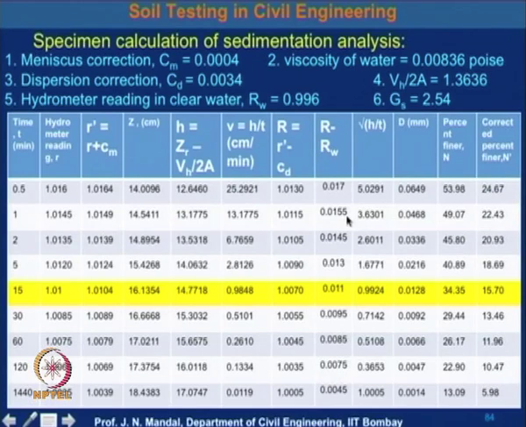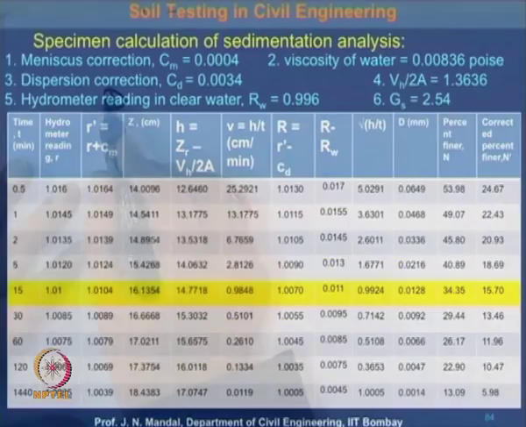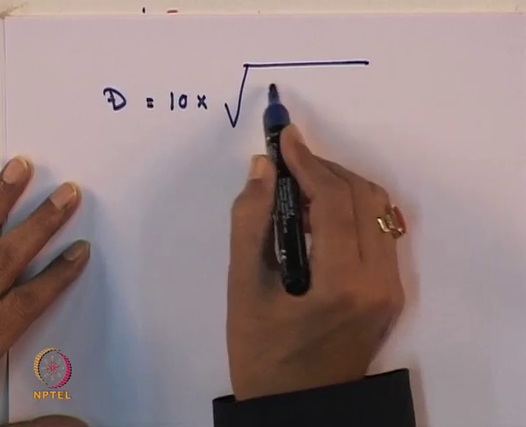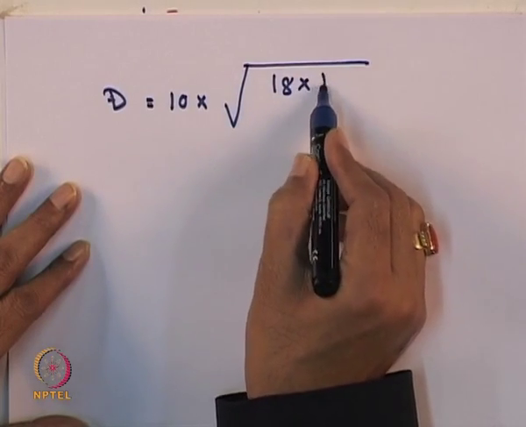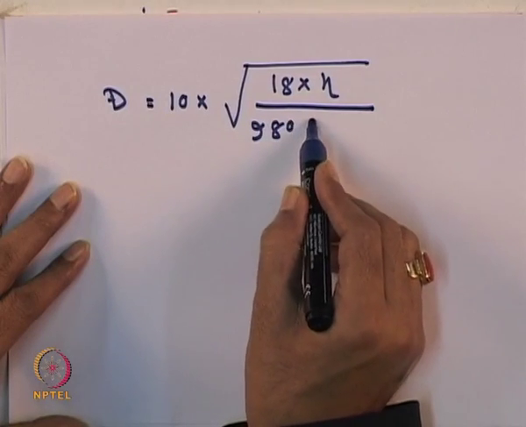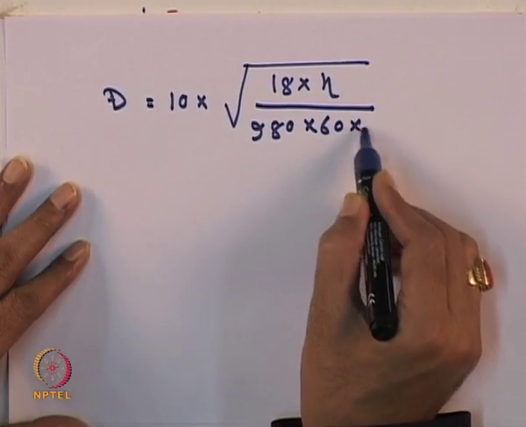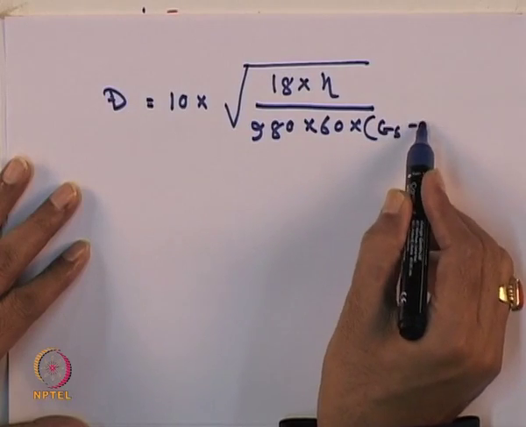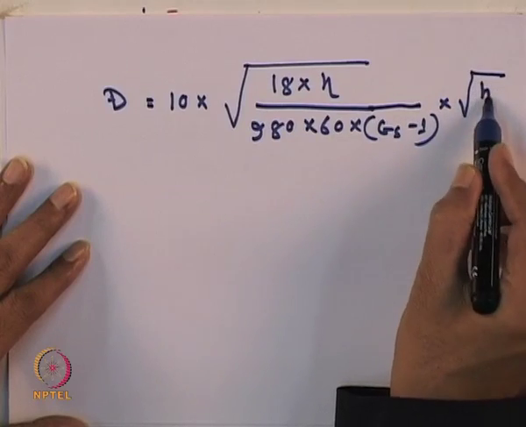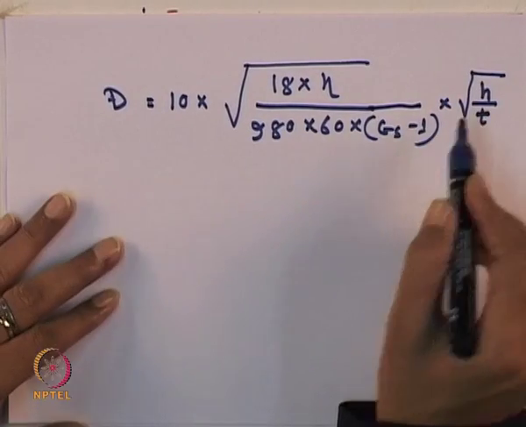The particle diameter D can be written as 10 into root of 18 into eta, divided by 980 into 60 into GS minus 1, into H by t.